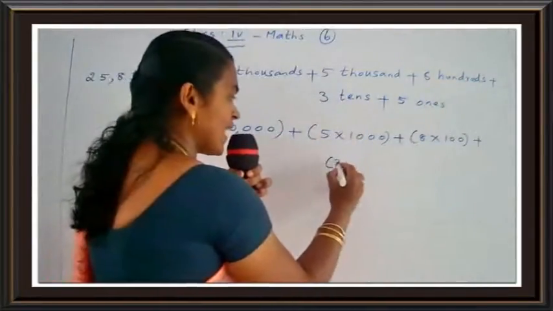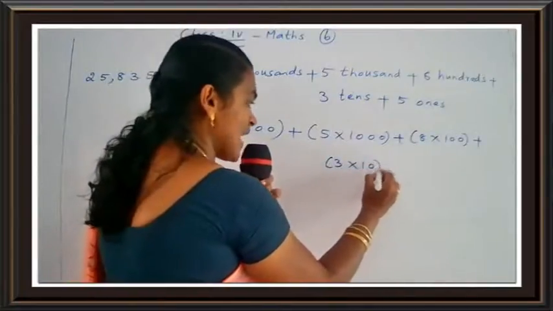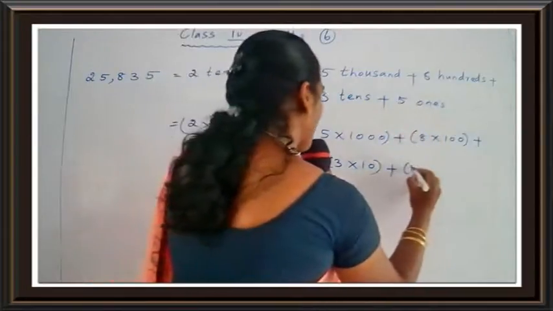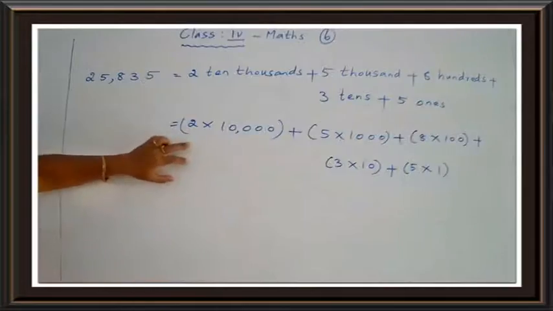So 3 into 10 plus 5 ones. So it can be written as 5 into 1. This is the second way. Okay. We can expand the number in 3 different ways. In first way, this is the second way.